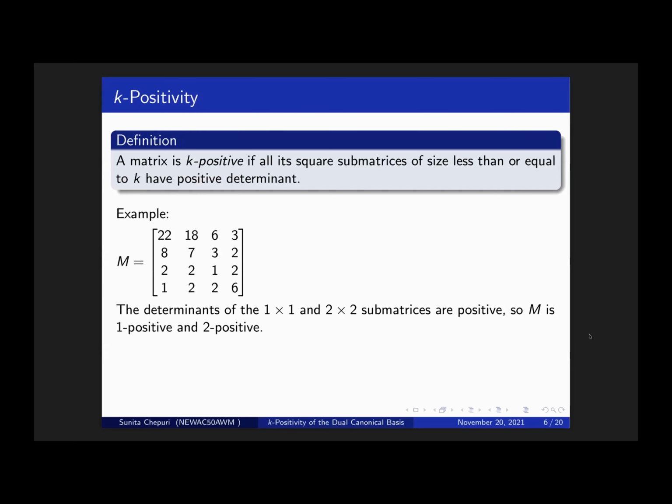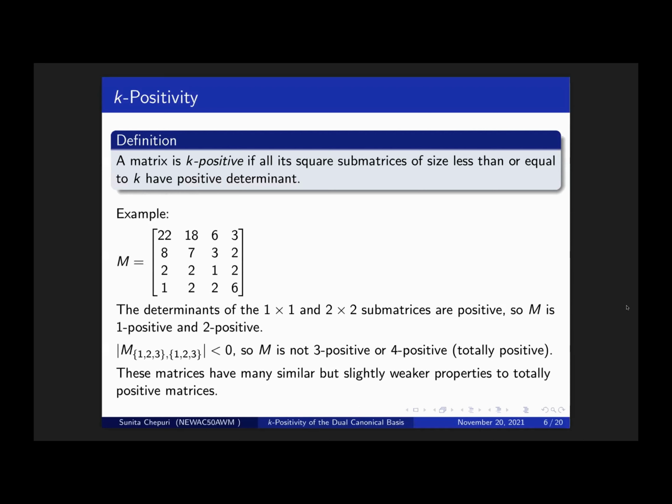The 2-by-2s are also all positive. So M is 1-positive because these are positive, and it's 2-positive because all of these are positive. But if I look at the matrix that lives in rows 1, 2, 3 and columns 1, 2, 3, the determinant of that is negative. So that means M is not 3-positive, and also it's not 4-positive or totally positive.